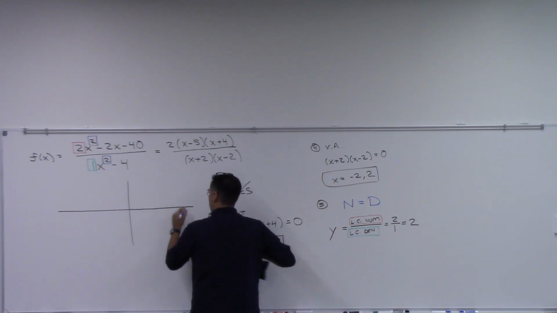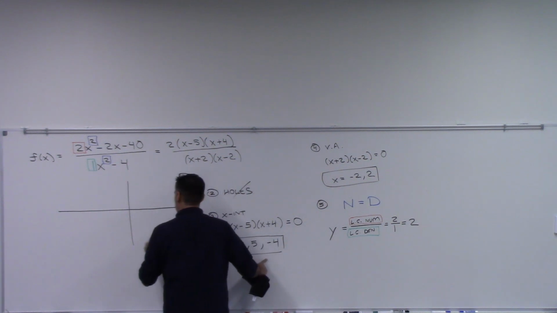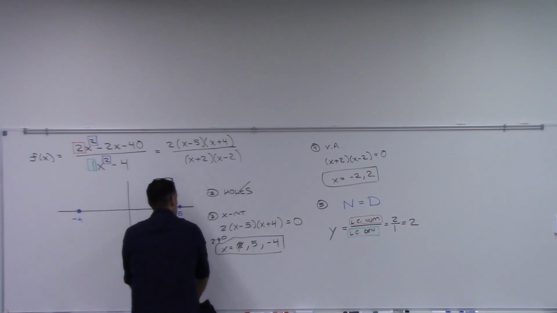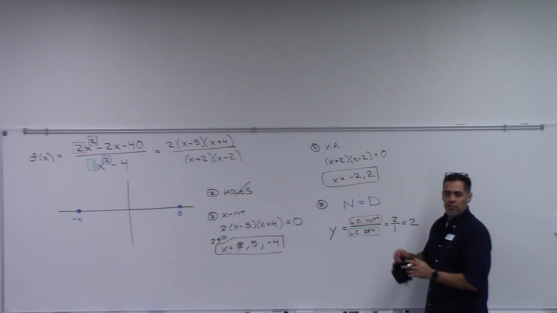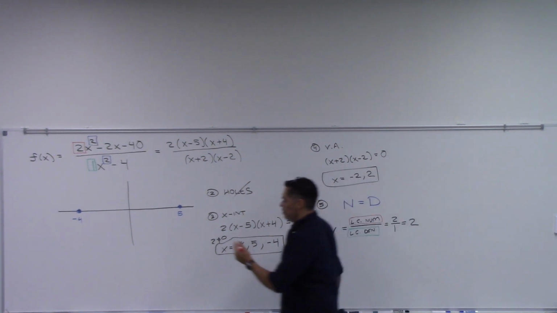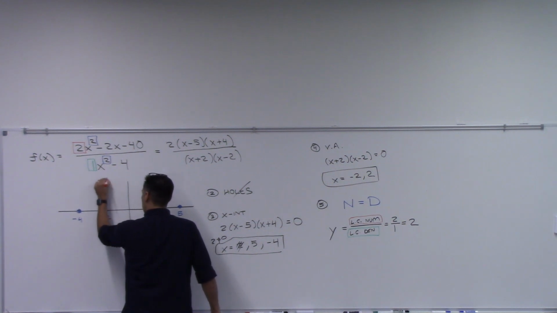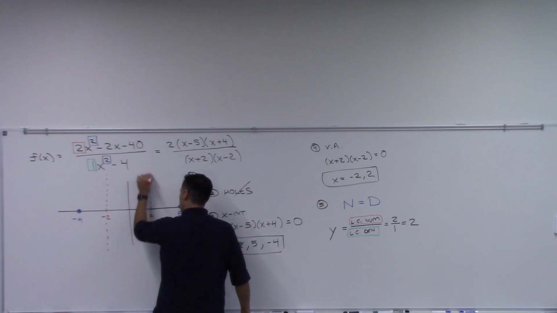At 5, I'm going to put a point, and at negative 4, I'm going to put a point. Good. Okay, I have vertical asymptotes, 2 of them at negative 2 and positive 2. So at negative 2 over here, a dotted barrier, and positive 2, another dotted barrier.